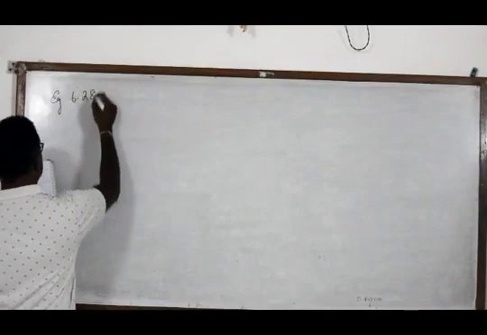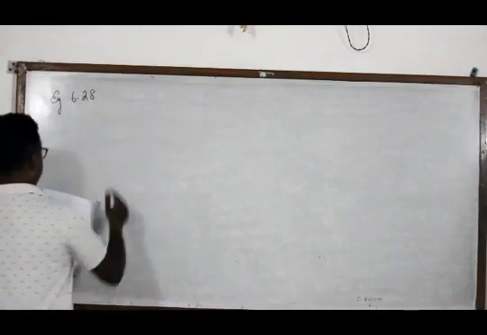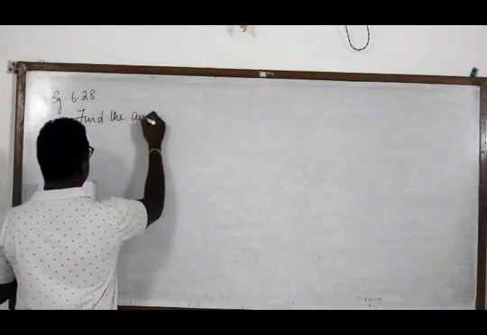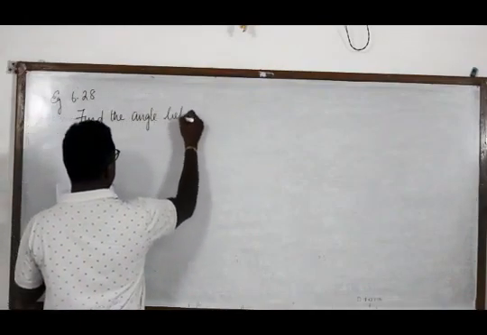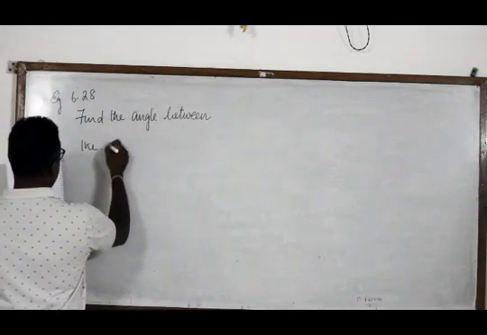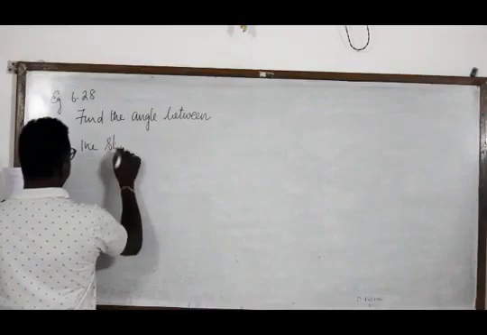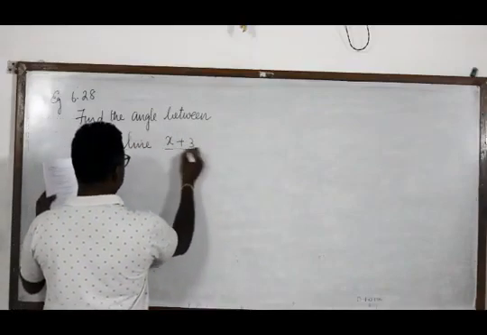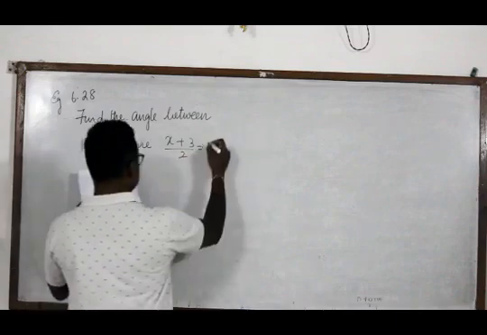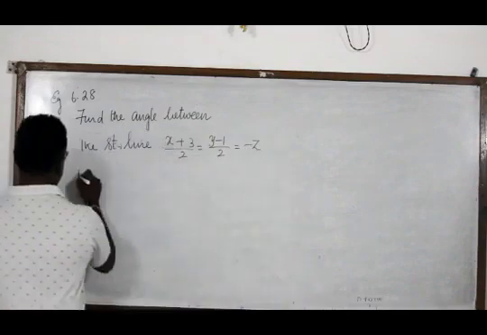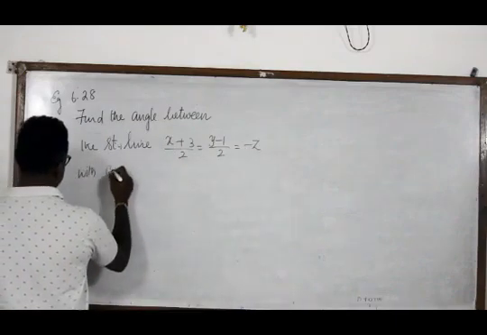Example 6.28. Find the angle between the straight line x plus 3 by 2 equal to y minus 1 by 2 equal to minus z with the coordinate axes.